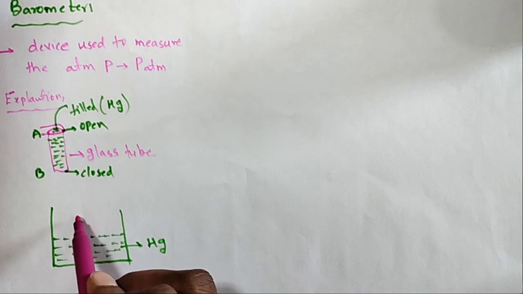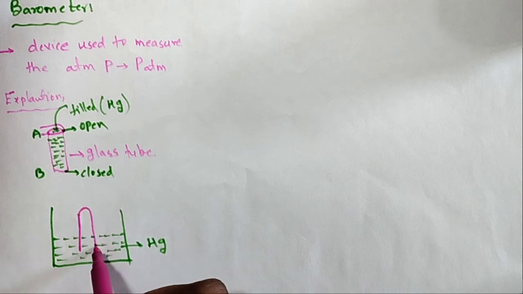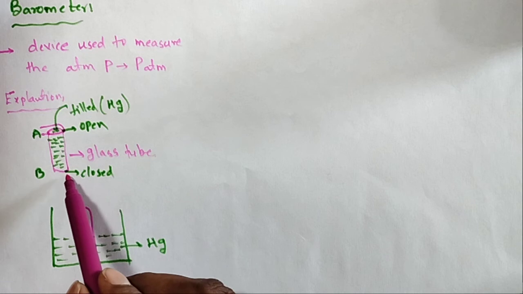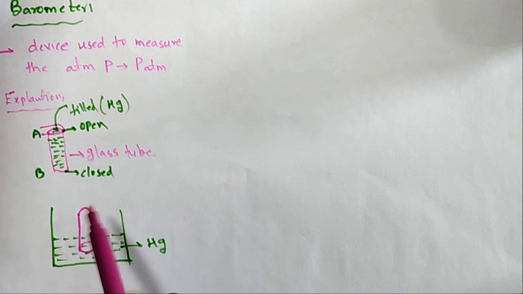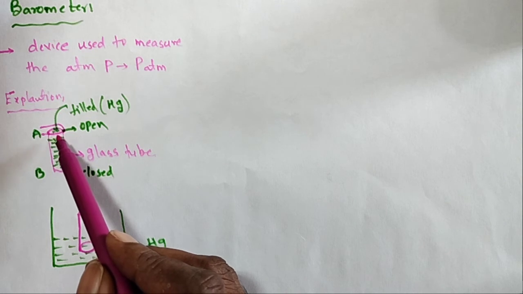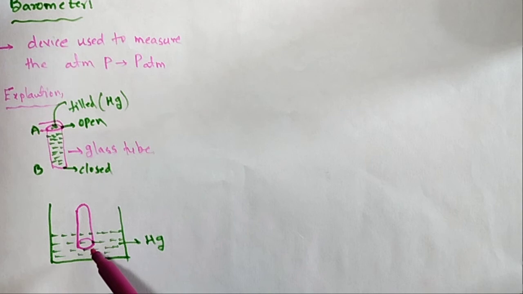It is put in this container in an inverted direction. Inverted means opposite: the open end goes inside and the closed end goes upward. So the glass tube, pressed with the thumb, is inverted inside the container.